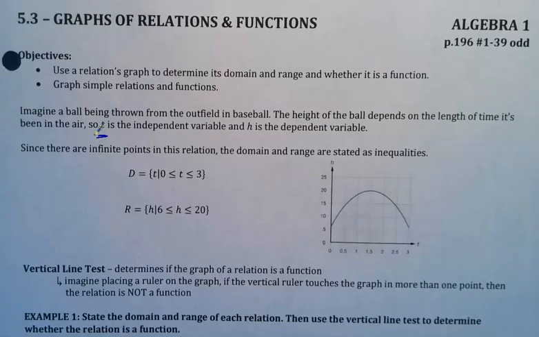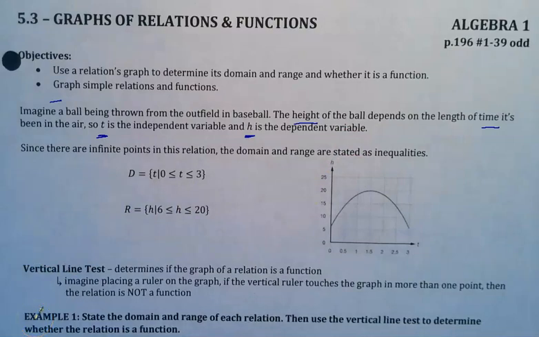Because we just said the height of the ball depends on the time. So we're talking about time and height. T is the independent variable. So h is the dependent variable. And what's h stand for? Height. Yes, right? Because it said the height of the ball depends on the length of time. So we're looking at h, height, t, time.